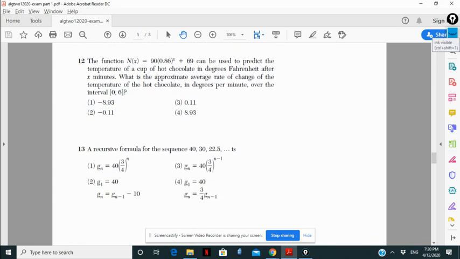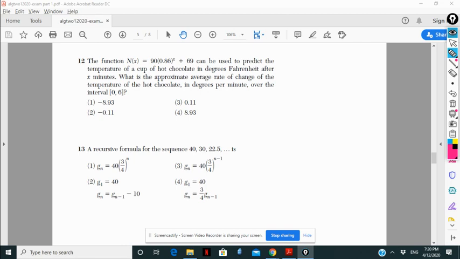Question number 12. Given a function h of x equals 90 times 0.86 to the power x plus 69. Use this to predict the temperature of a hot chocolate in degrees Fahrenheit after x minutes.